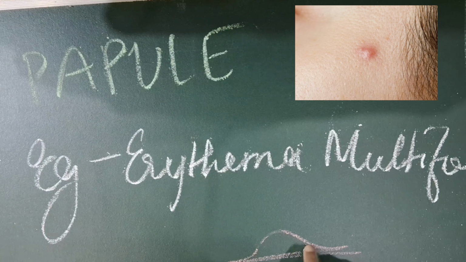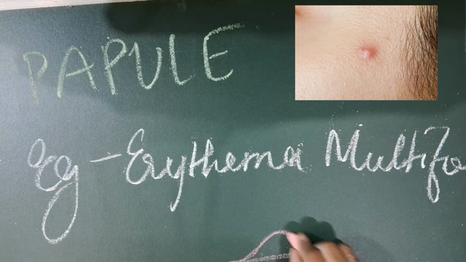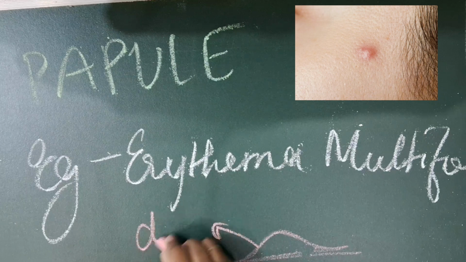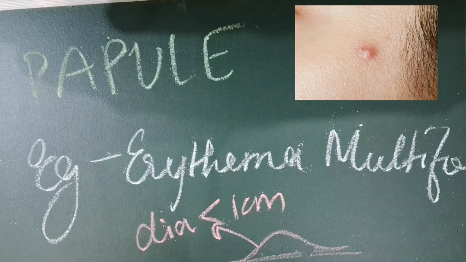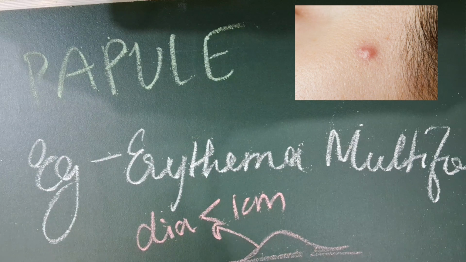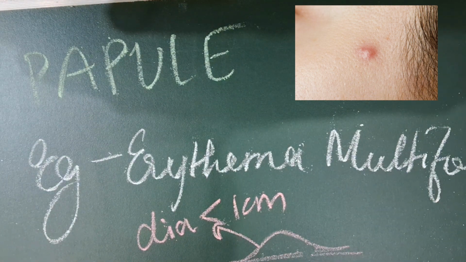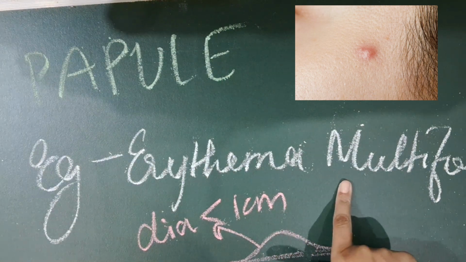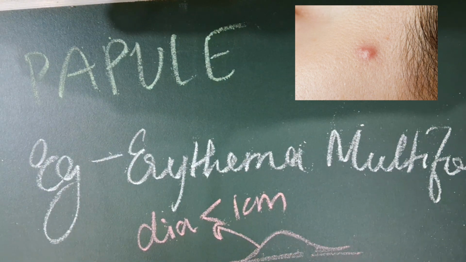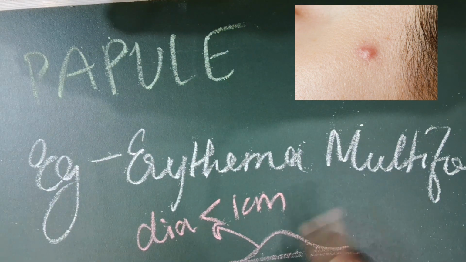They are smaller than 1 centimeter in diameter. So papules are solid lesions raised above the surface that are smaller than 1 centimeter in diameter. An example is erythema multiforme; the lesions found in this disease are called papules.